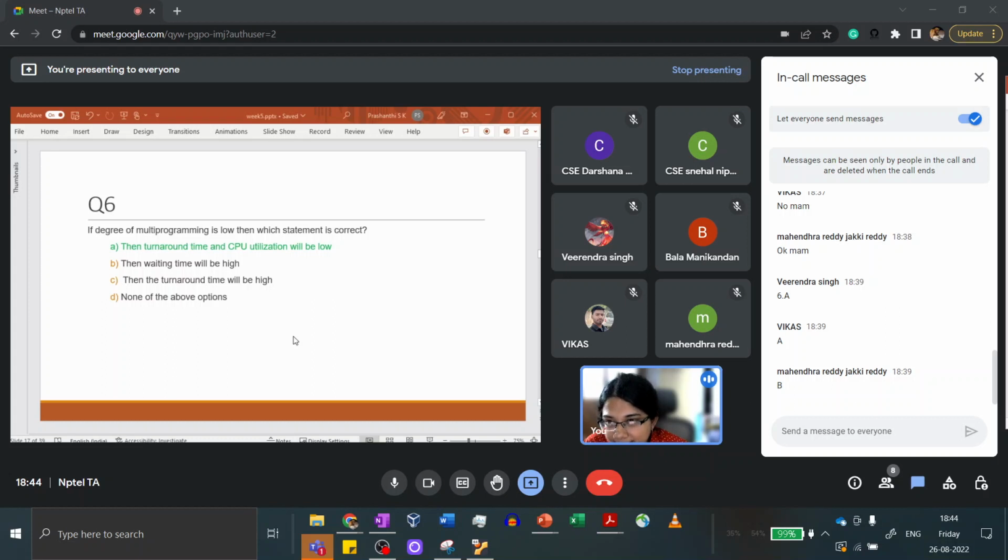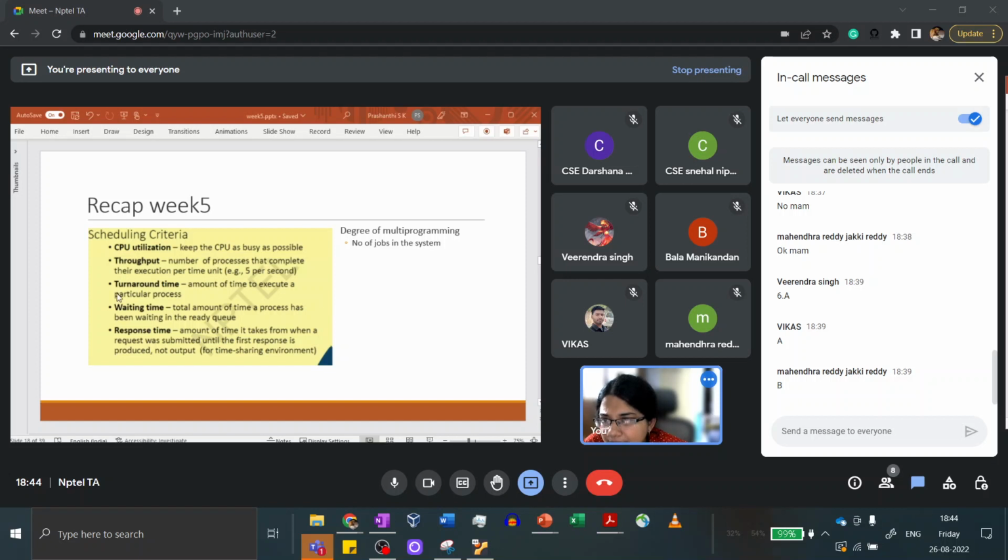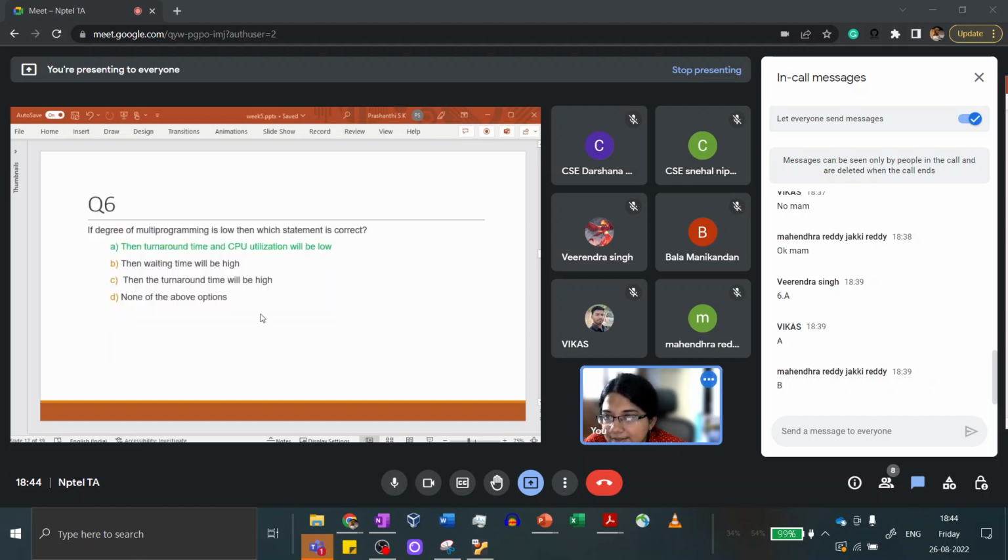If your processes are not enough in number that it can saturate that, then your CPU utilization will be low, right? That's the first part of it. The turnaround time is the amount of time to execute a particular process. So if you have very few jobs, then there will be a lesser waiting time, because you can start executing them soon, right?